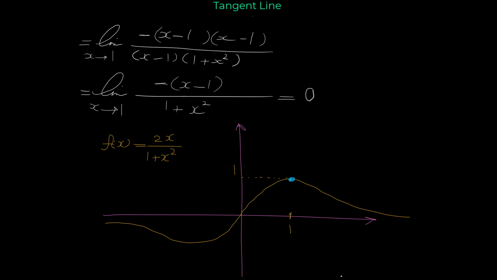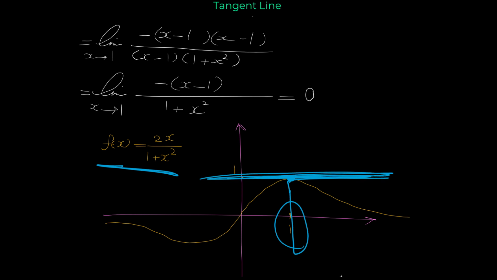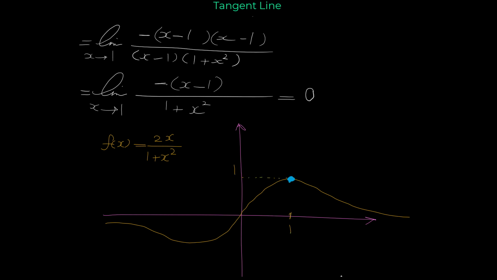We are asked to find the tangent line at the point (1, 1). As you can see here, the graph of this function at the point 1 has a maximum value. And so when we draw the tangent line at this point, as you can see, the tangent line is horizontal. And what is the equation of this horizontal line? y equals 1.